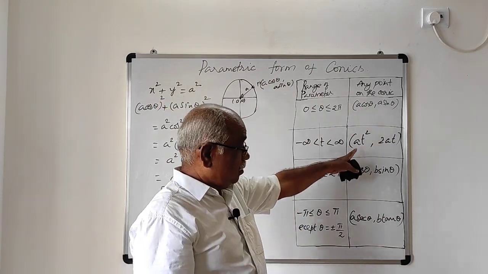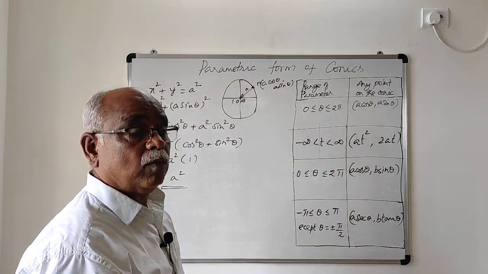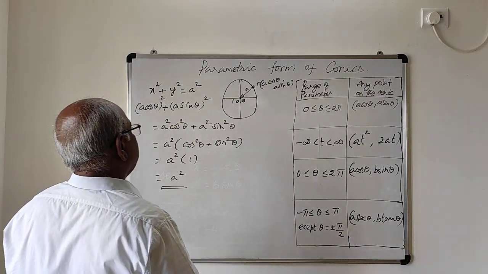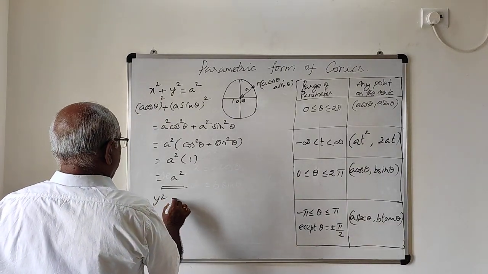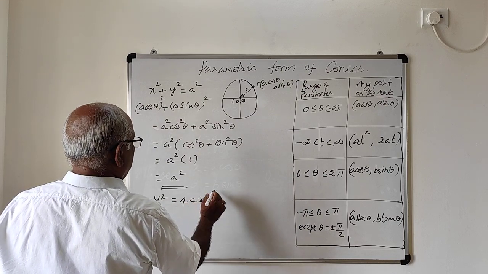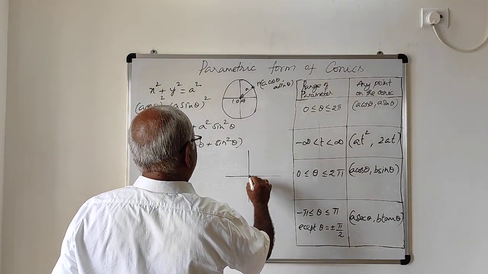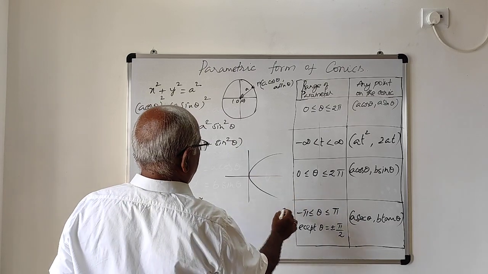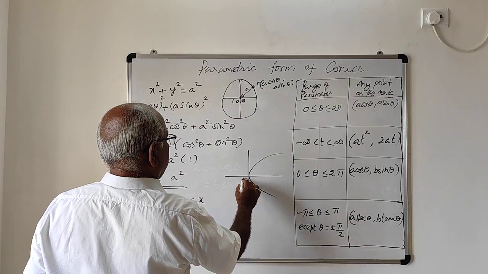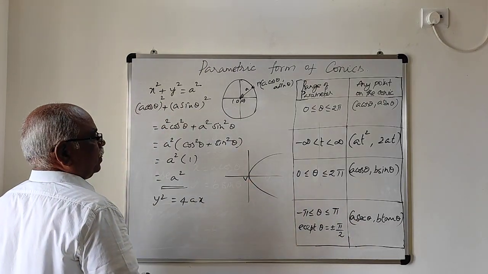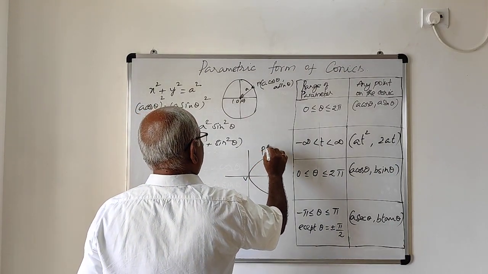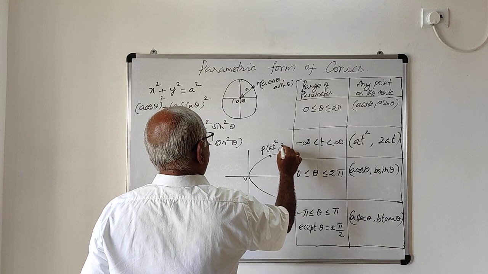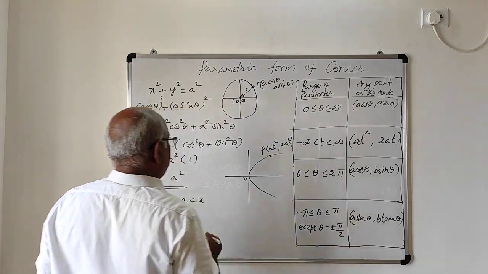Similarly, any point on the parabola also satisfies the equation of parabola y square equal to 4ax, the general type of parabola. This is the parabola with the vertex at origin. Here, P, any point on the parabola, is (at square, 2at).